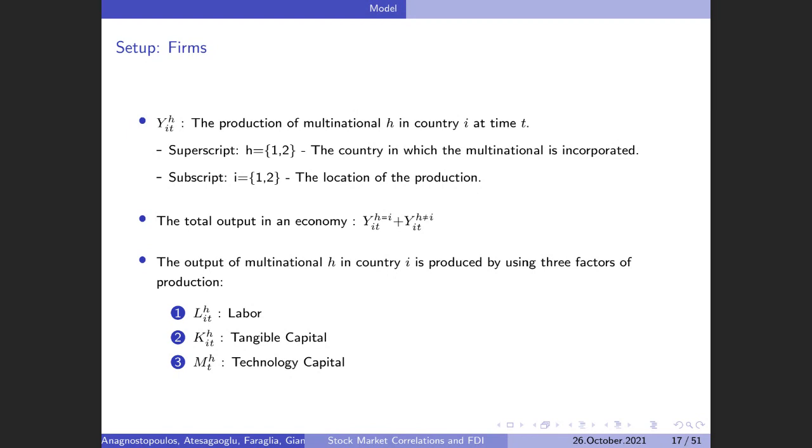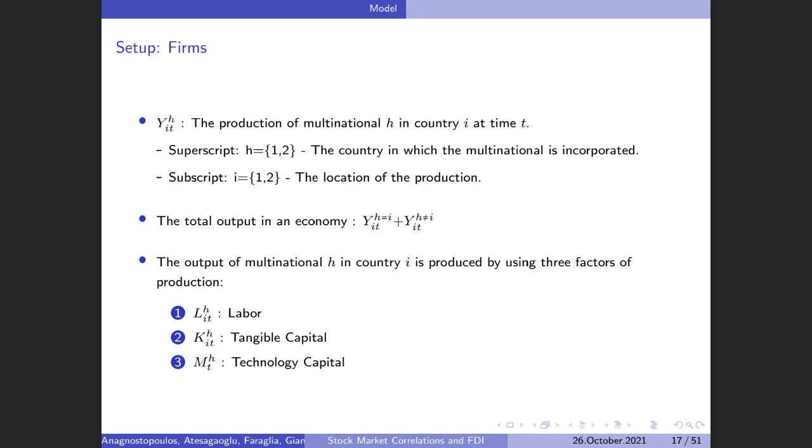However, technology capital, as you can see, has only a superscript, no subscript. Why? Because technology capital for a multinational firm H, let's say US firm, M1, is just one capital stock that's going to be used both at home and abroad. So there's no subscript for M, because technology capital is used in both plants.